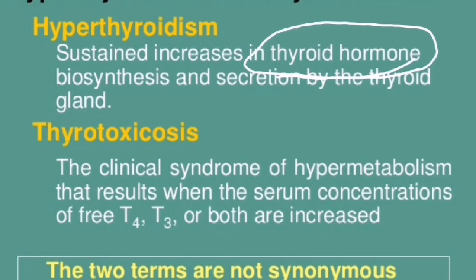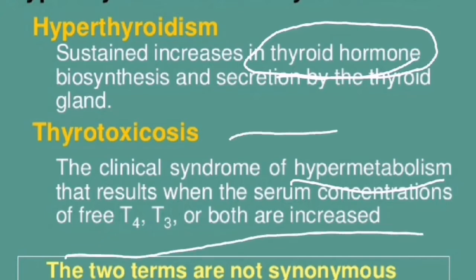Thyrotoxicosis is the hypermetabolism that results when serum concentrations of T3 or T4 or both are increased. Thyrotoxicosis is all about the hypermetabolism, and hyperthyroidism is about the increase in thyroid hormone biosynthesis. That is the main difference.